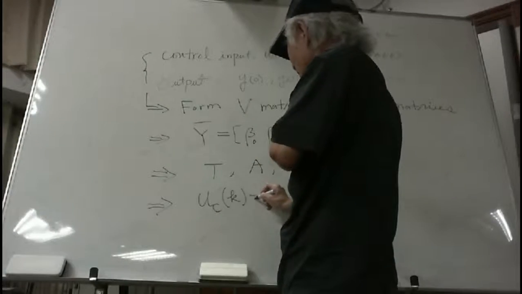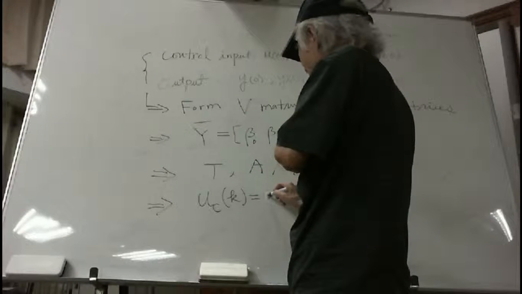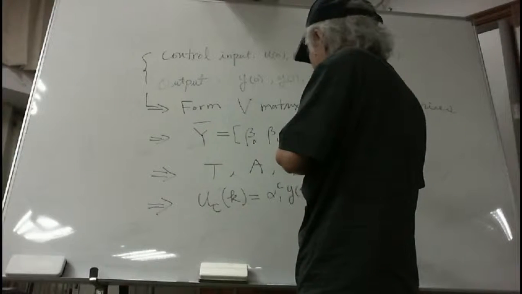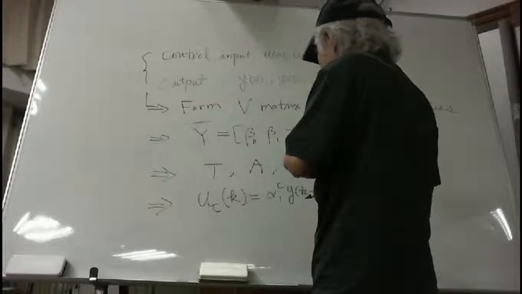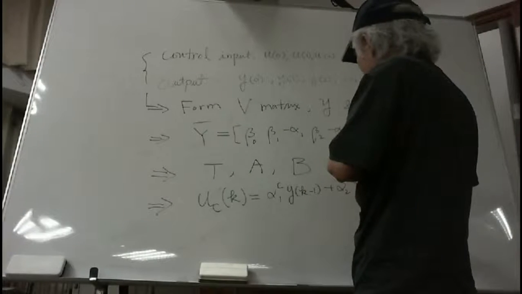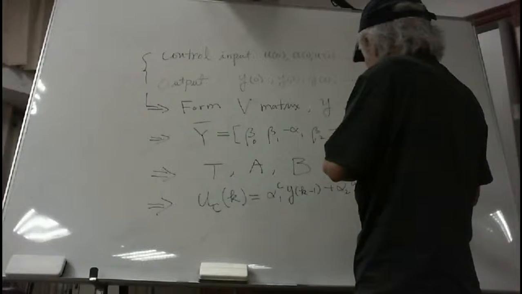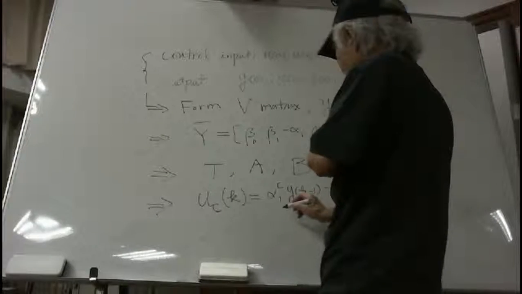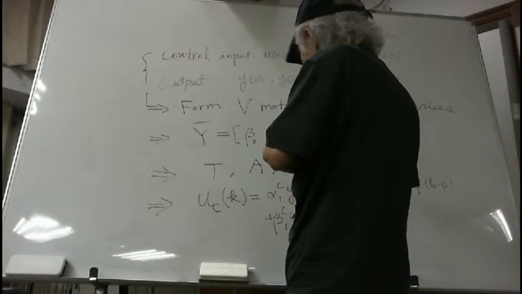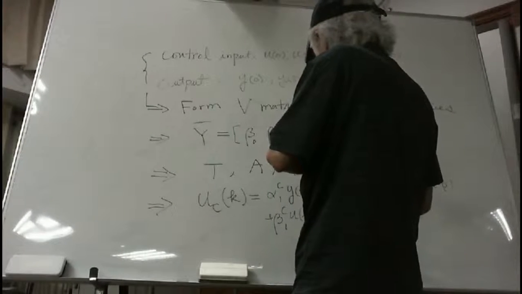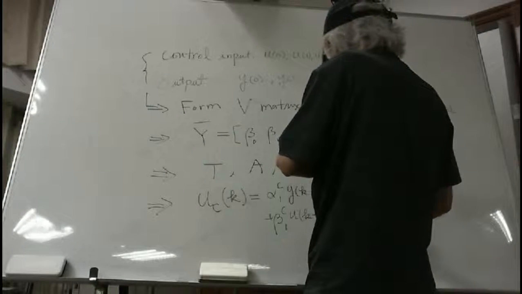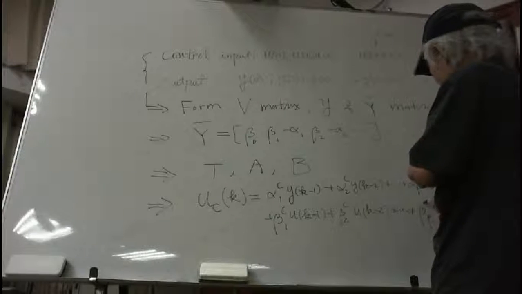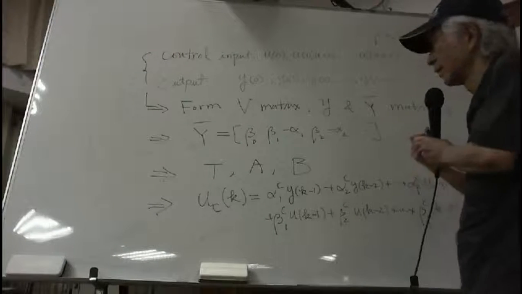And after this, I will be able to solve UCK, right? That UCK is equal to what? Equal to alpha 1 C Y K minus 1 plus alpha 2 C Y K minus 2 plus alpha P C Y K minus P plus beta 1 C U K minus 1 plus beta 2 C U K minus 2 plus beta P C U K minus P. Agree?